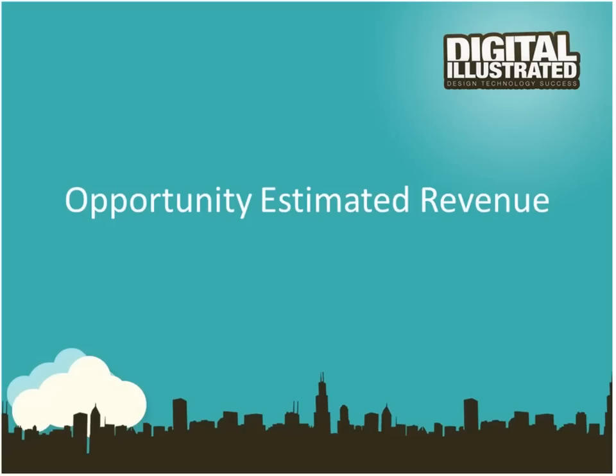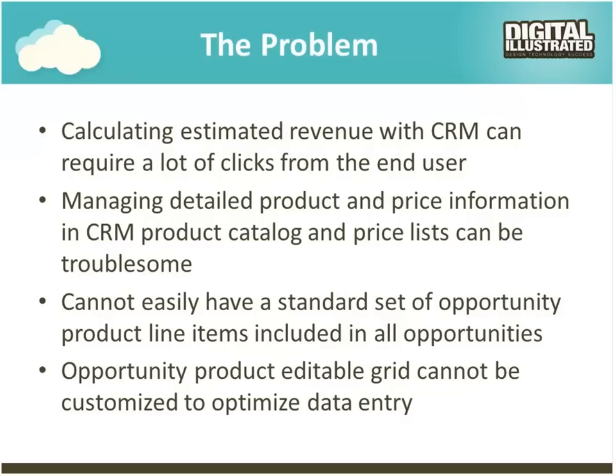That's another problem that I often see with CRM users: it can require lots of clicking if we want to use CRM natively for entering detailed information about the revenue from an opportunity. Using the opportunity product line items, one reason is that you'd pretty much need to have very detailed product and price information in the CRM product catalog available if you want to use those selections.